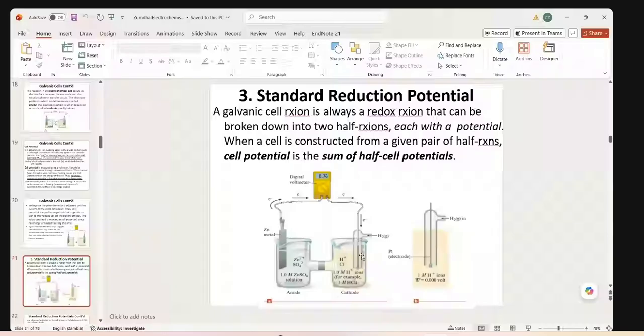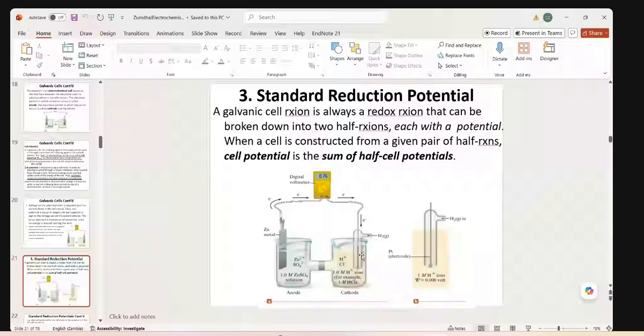Yes, zinc is being oxidized, right? Yes, sir. Okay, so if zinc is being oxidized, then what do we call the half cell where zinc is? It is the anode. Okay, anode.